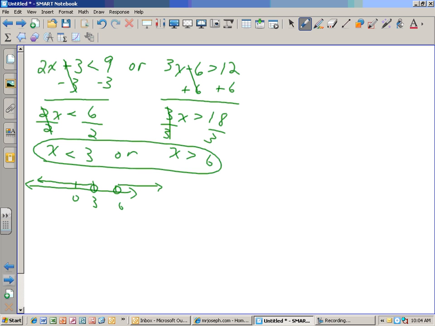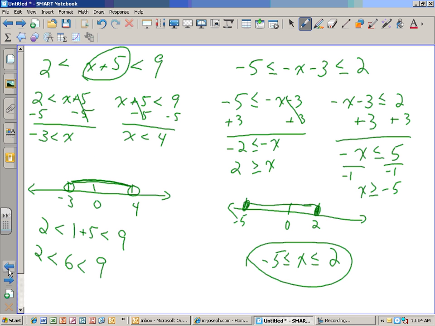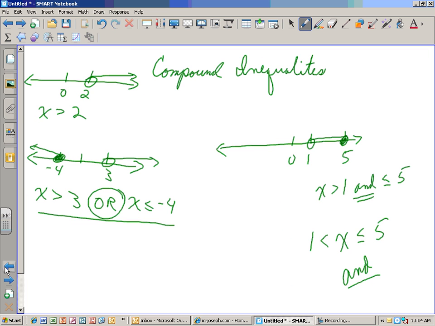For the AND one, here's the solution, here's the graph. For the OR statement, here's the solution, and here's the graph.